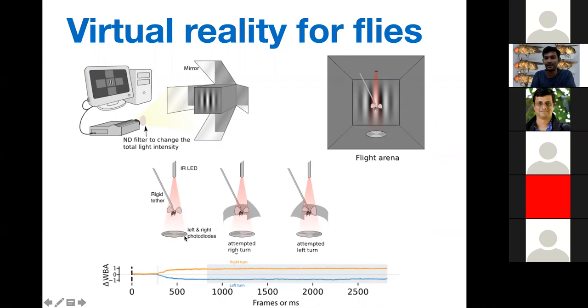That's how we quantify their turning behavior. If they're not turning, there's not much difference between left minus right. But if they're turning in either direction, one of them tends to have higher amplitude than the other. That's how we know that the fly is actually responding to the stimuli. I've plotted the same thing here: left wing amplitude minus right wing amplitude. I'm going to be using that particular value in all other plots that I show from here.